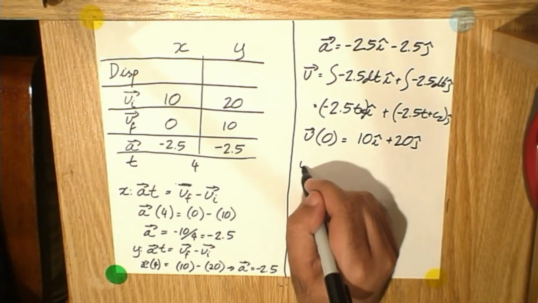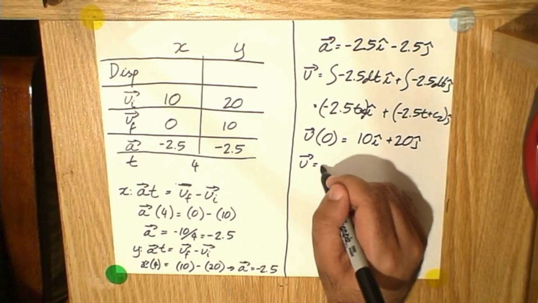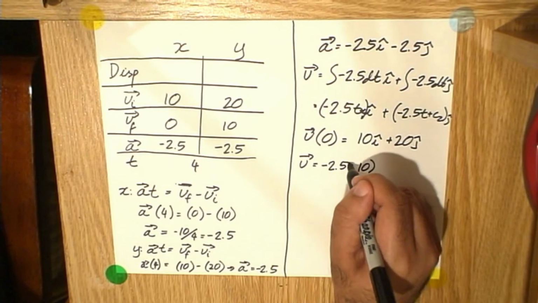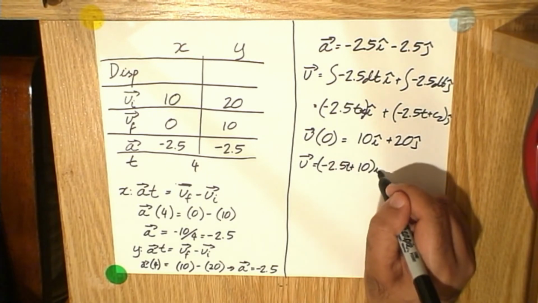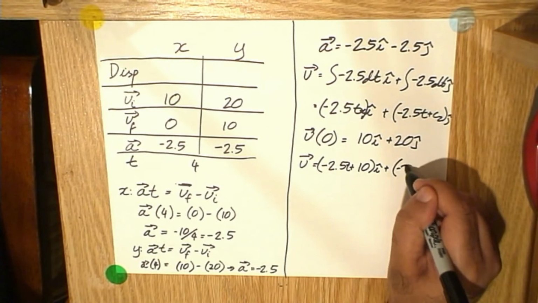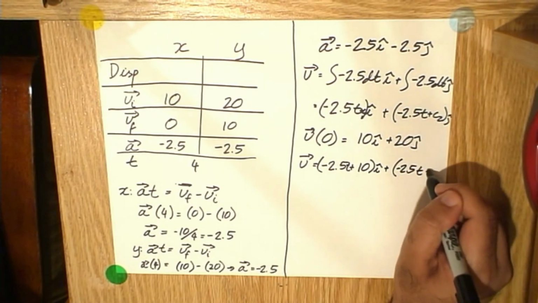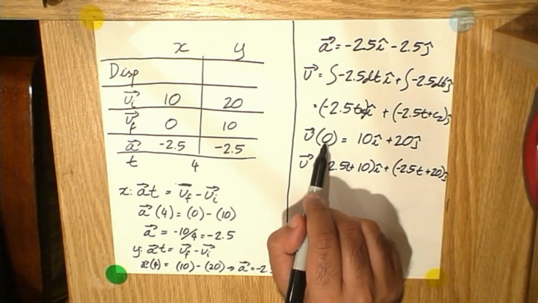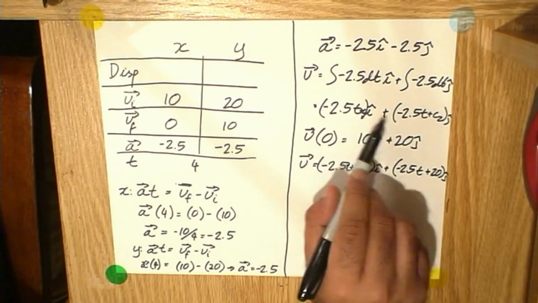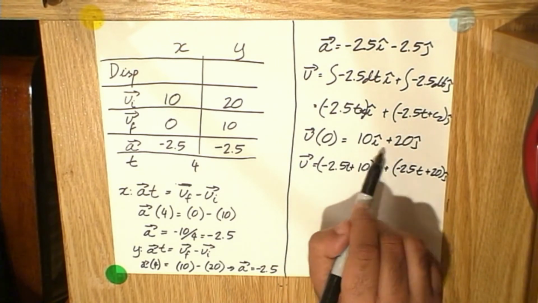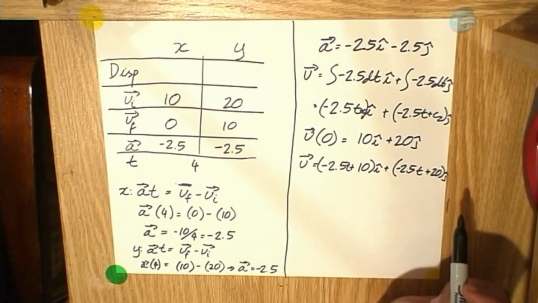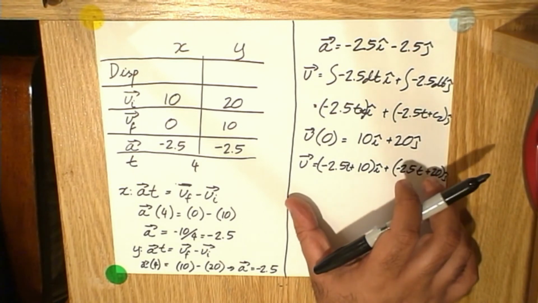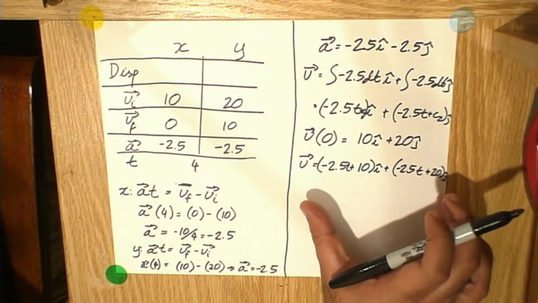So that means that the overall velocity is going to be negative 2.5 t plus 10 in the i hat direction, plus negative 2.5 t plus 20 in the j hat direction. Whenever you're given a value at 0 and the only thing you have here is a bunch of t's, then these initial values will be your values of c. So this then would be the velocity of this object with respect to time.